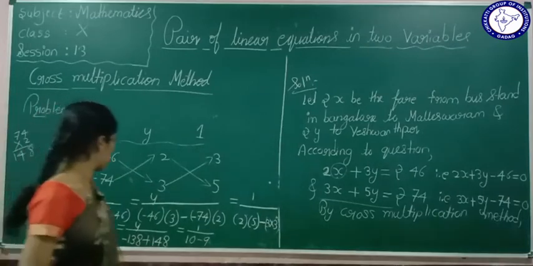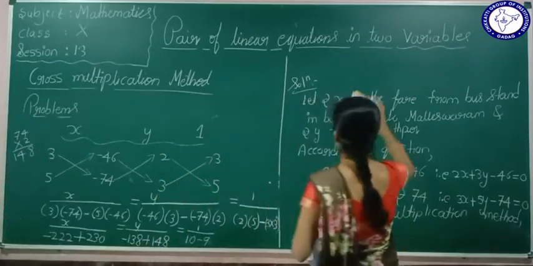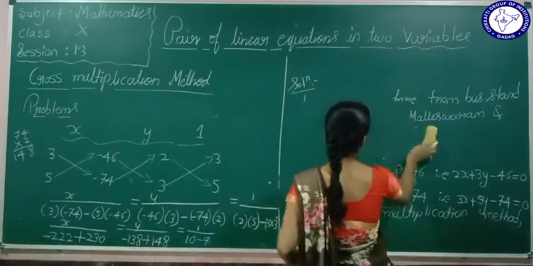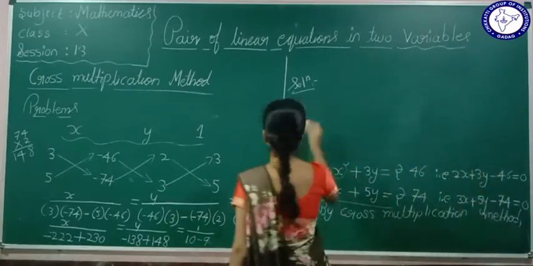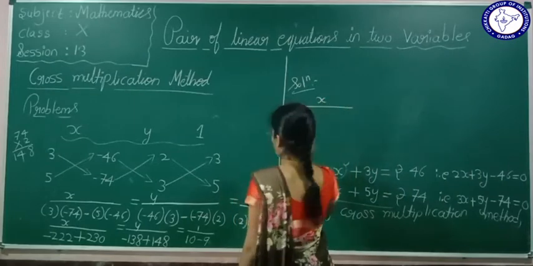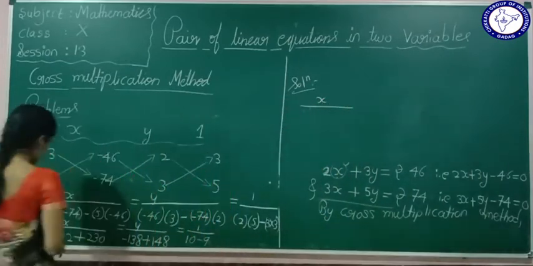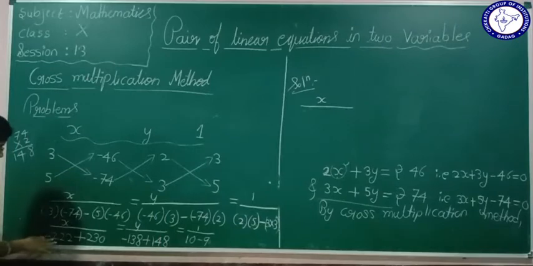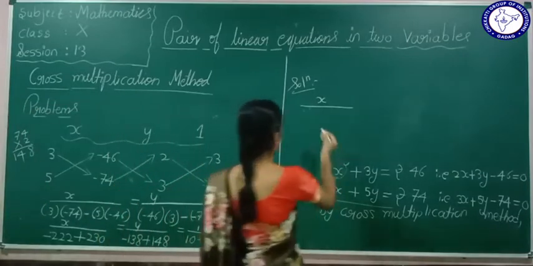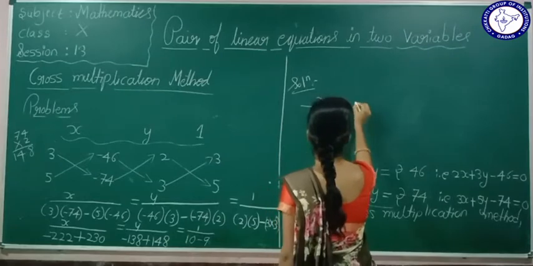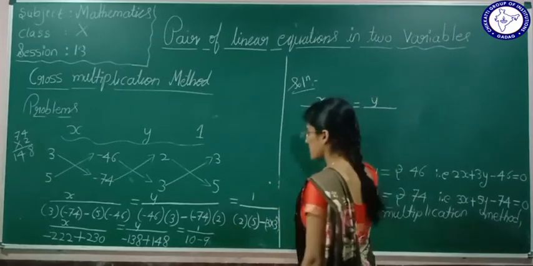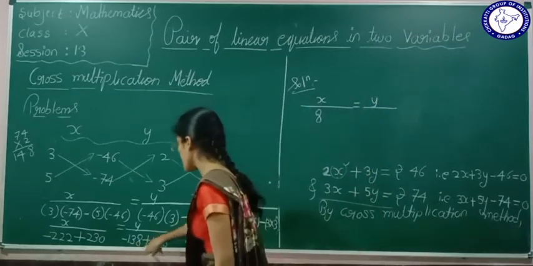Okay. Now we'll simplify. Now see x by, what is minus 222 plus 230? It is nothing but 8. Yes or no? Plus 8. Next is equal to y. What is minus 138 plus 148?